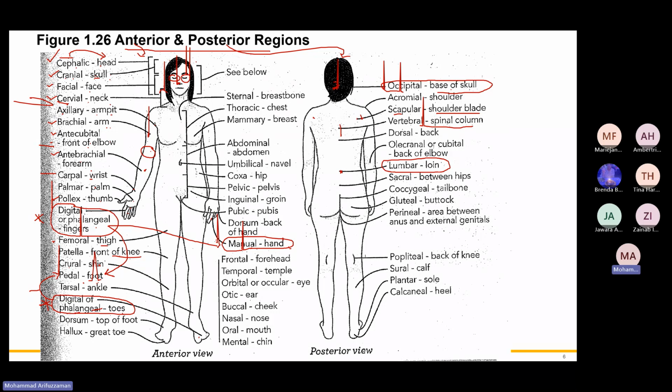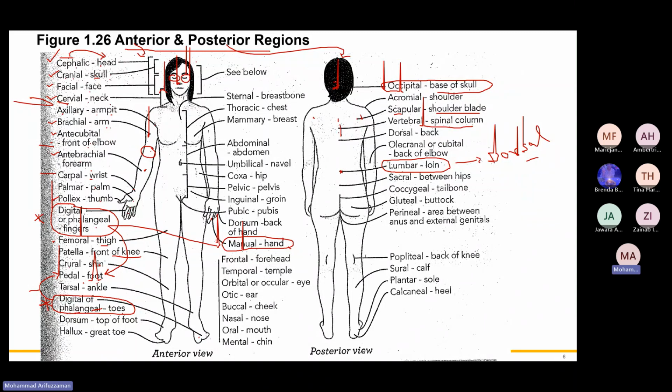Sometimes you can see the lumbar and dorsal. You know what dorsal is? Dorsal means back, towards the back of the body. So the lumbar and dorsal are likely to appear in the same discussion.